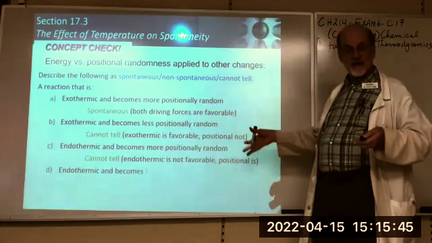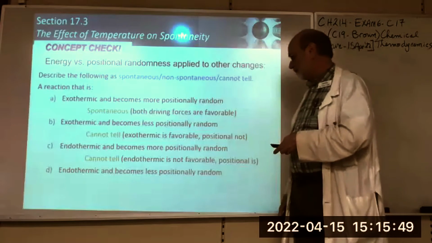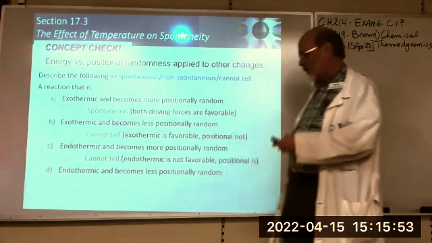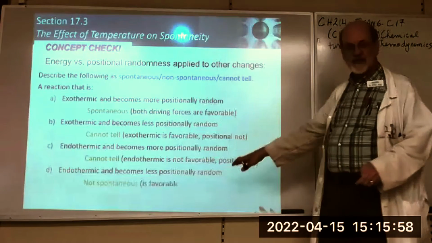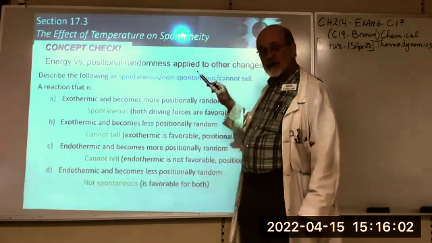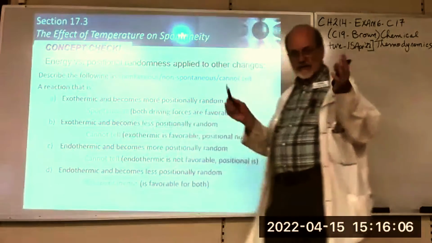So there, again, it would be a balance between the two. Which one is favored? Whereas endothermic and less positionally random, now both of them are unfavorable, and that means it would be non-spontaneous. We can draw a conclusion about this one and that one, but these two are inconclusive.